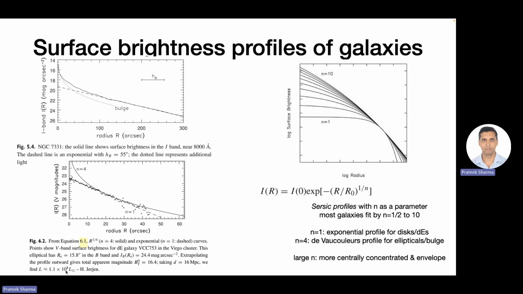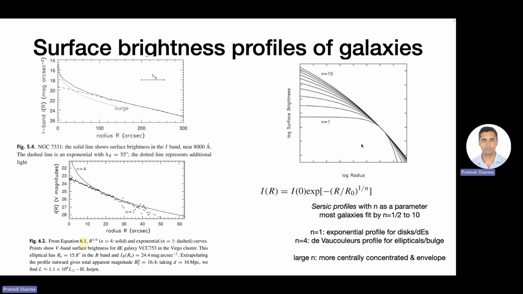The dimmest galaxies would be 10 to the 6 or 10 to the 7 L sun, up to 10 to the 11 L sun, which is a smaller range than the mass distribution of dark matter halos, for example. So a key question would be, why are galaxies forming in this narrower mass range? It has to do with this feedback that we were talking about in the previous slide.